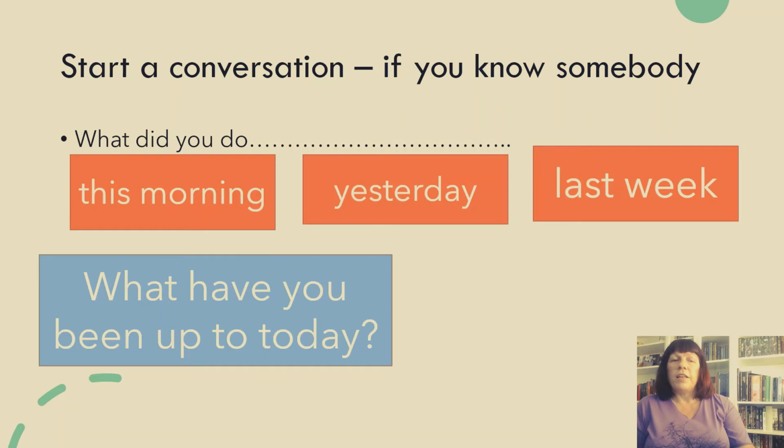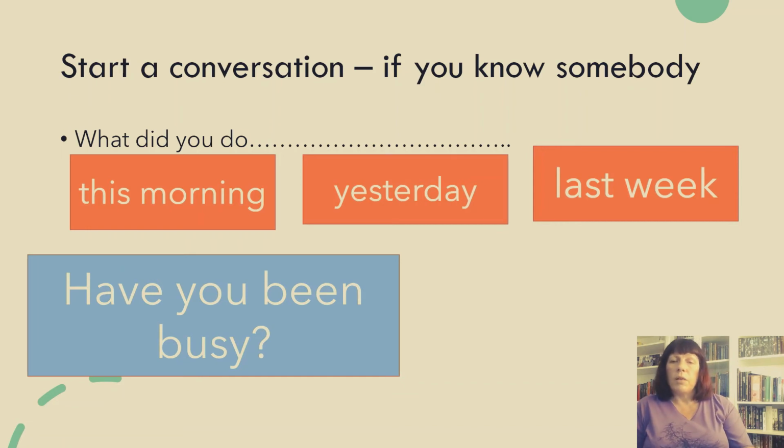Have you heard the phrase, what have you been up to today? Now, sometimes as mothers, we ask this question of our children without the time word of today. So we say, what have you been up to? And can you hear the questioning in the sound of the way that we say it? It's very different to saying, hi, what have you been up to today?